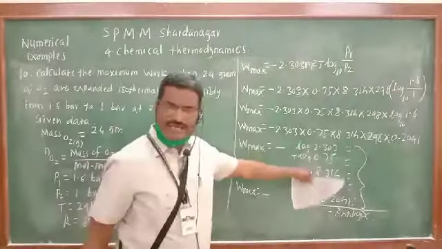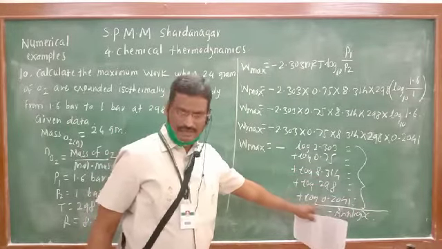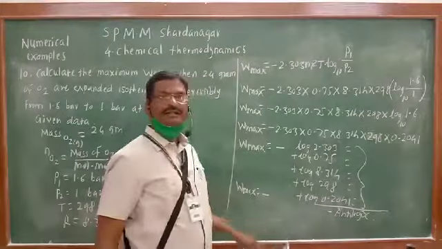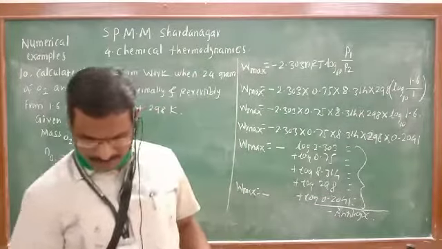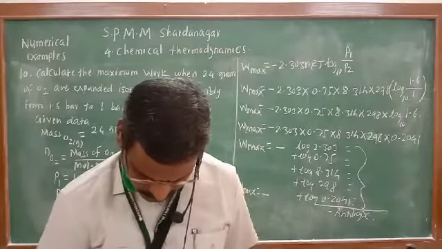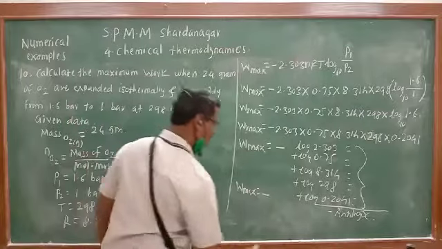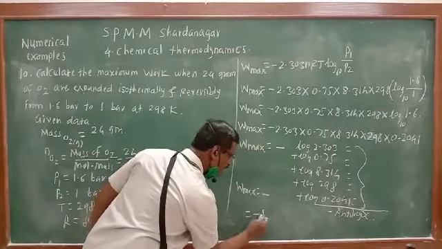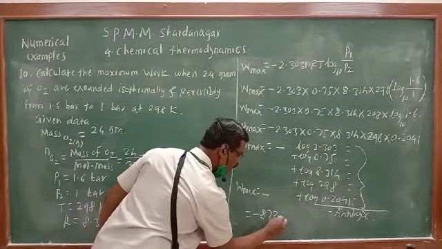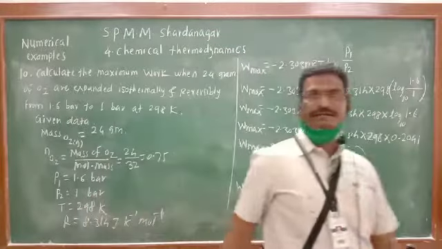If you solve this, see the log of all terms, summation, then anti-log, you will get the correct answer of W max, and that is equal to minus 873.4 joule. This is minus 873.4 joule, you should get the correct answer.